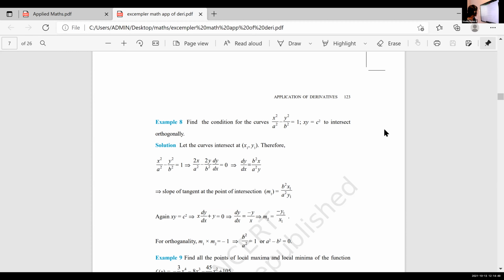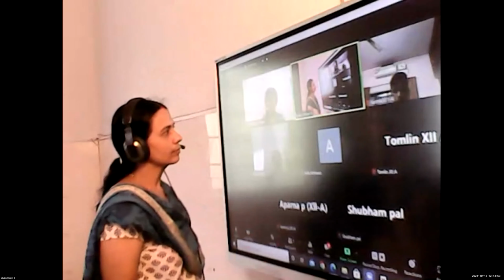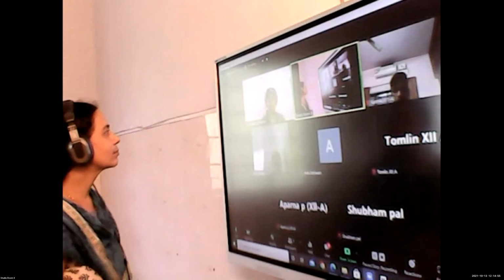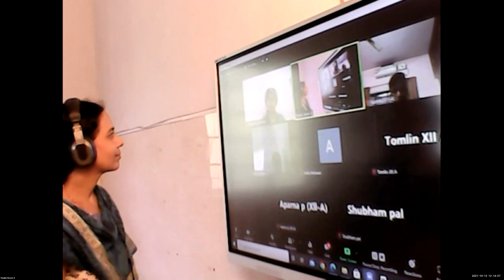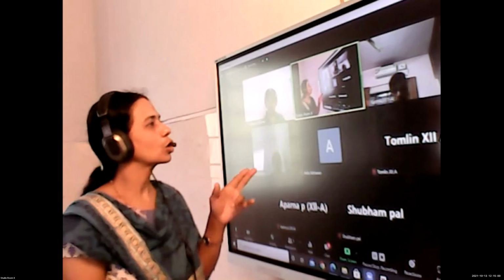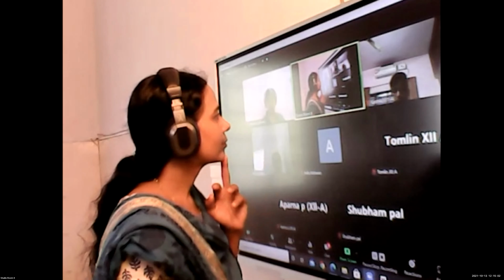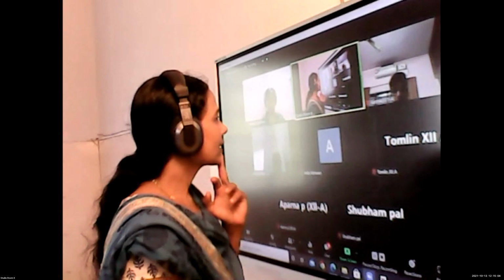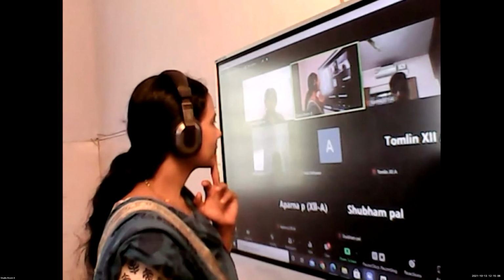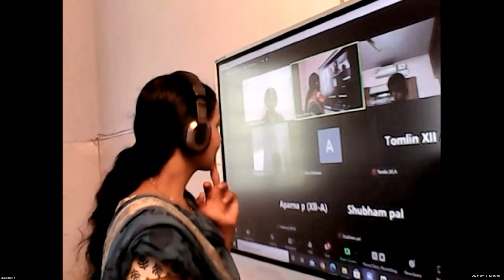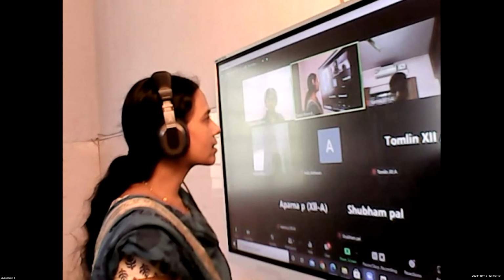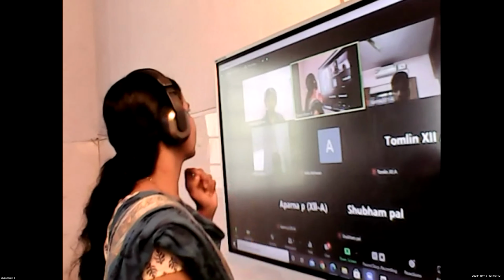Okay, how to find? What is the meaning of orthogonally? When will you say two curves cut orthogonally? Orthogonal means perpendicular.